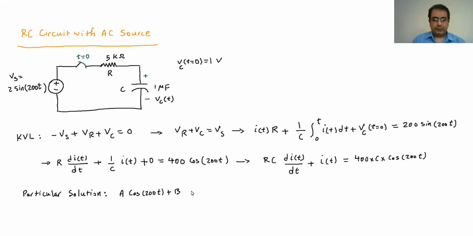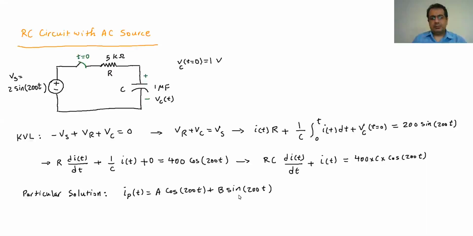Let me put that part at the beginning. The particular solution is i_p(t) equal to A cosine 200t plus B sine 200t.